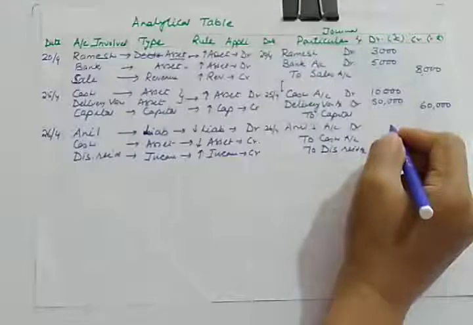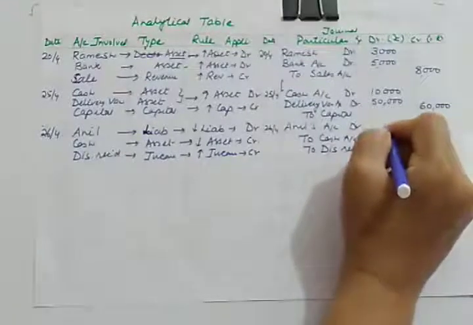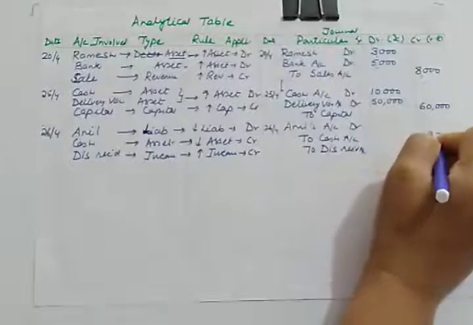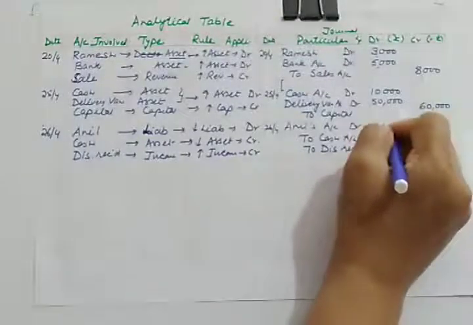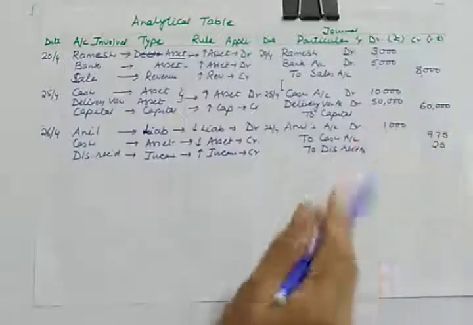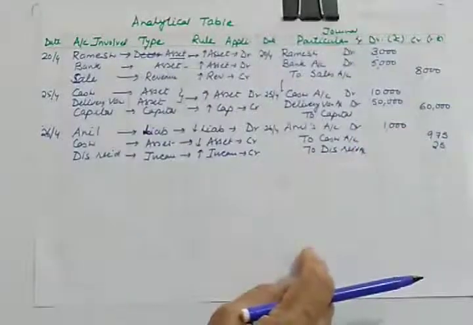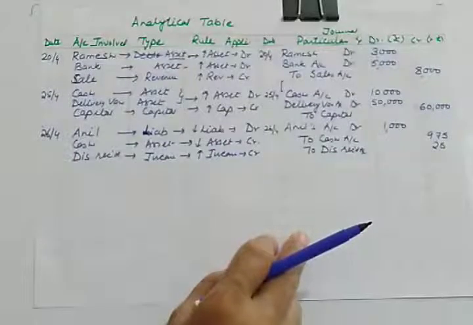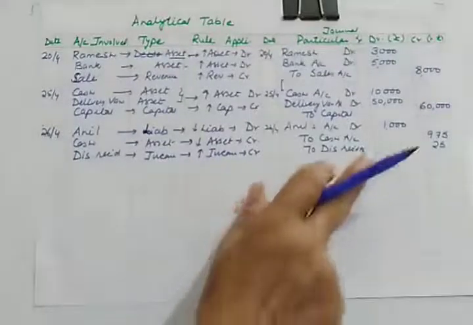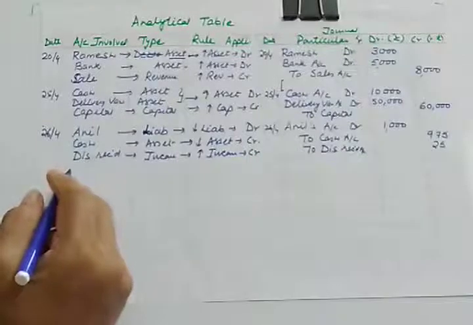In Anil's account we'll be writing, just wait, we'll write how much is received from him, and discount is 25. So Anil account is debited with 1,000. And you can mention the narration being cash paid to Anil 975 and discount received is 25.